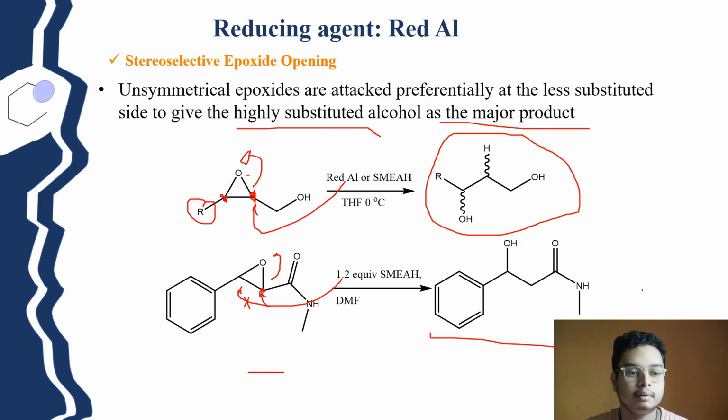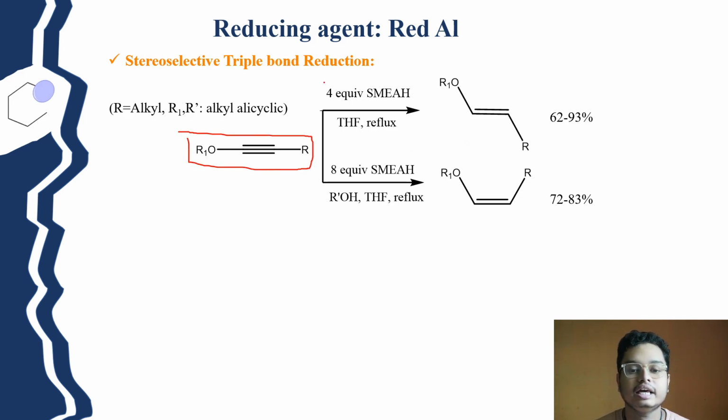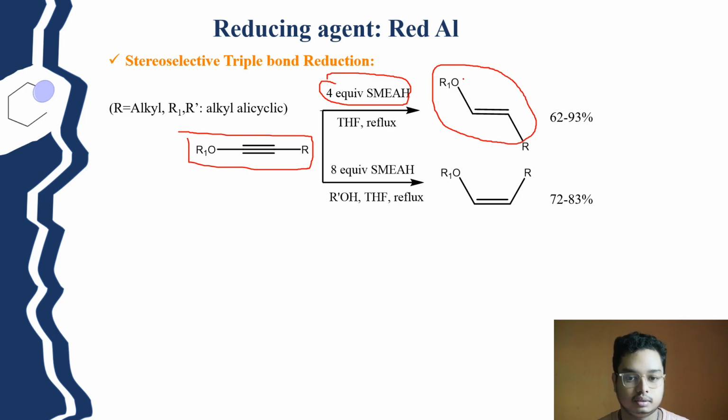Also, lithium aluminum hydride can't react with double bonds and triple bonds, but red aluminium will react with triple bonds also, and with stereoselectivity. If you have this type of triple bond system and you add 4 equivalents of red aluminum hydride, or 4 equivalents of SMEAH, then you find that the trans product is the major one.